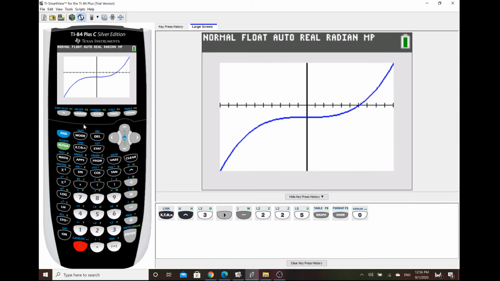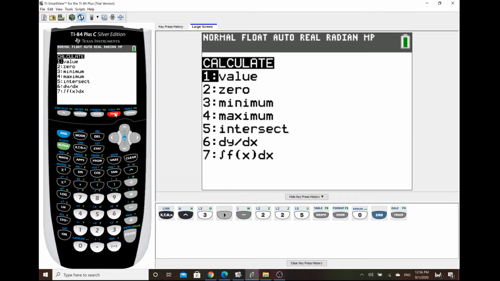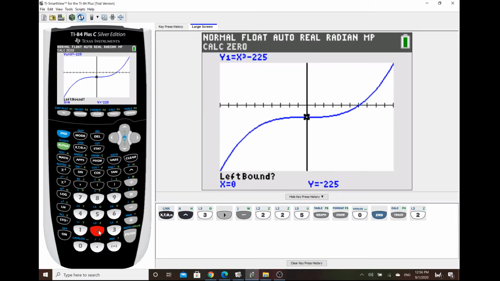In order to get the x-intercept, you want to go to second trace, and then press 0. The calculator is asking about the left bound. The left bound is somewhere below the x-axis, close to the 0.